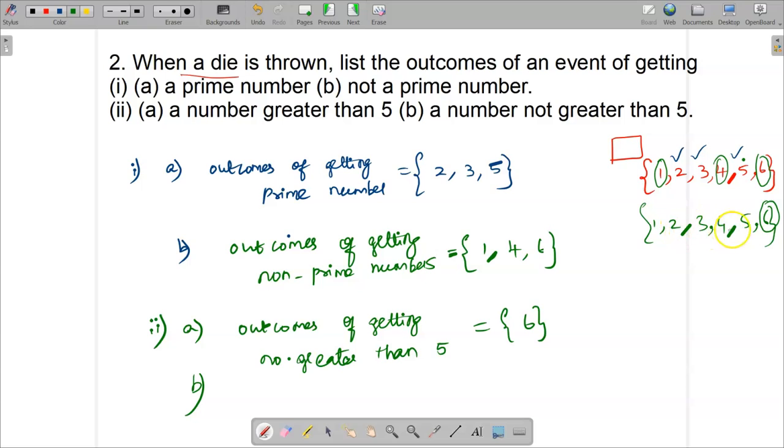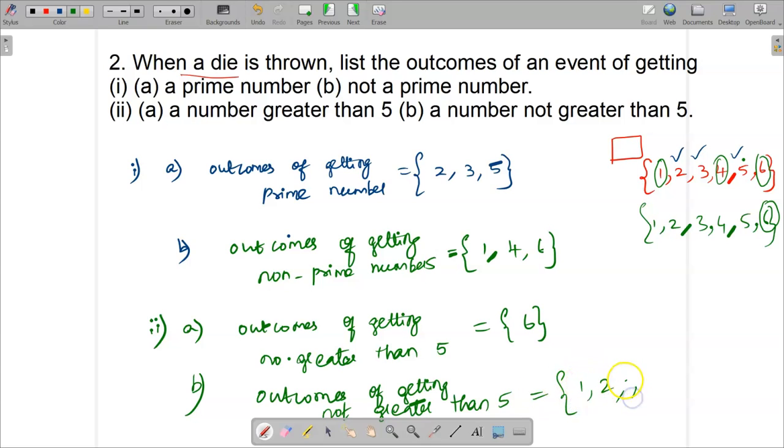So the outcomes of getting a number not greater than 5 are 1, 2, 3, 4 and 5. These are all the numbers not greater than 5.